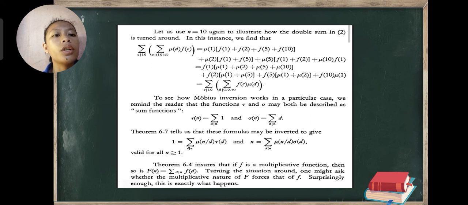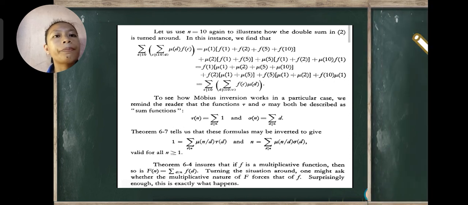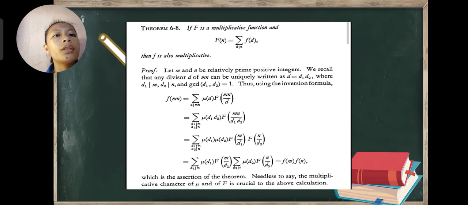Turning the situation around, one might ask whether the multiplicative nature of capital F forces that of little f. Surprisingly enough, this is exactly what happens. Theorem 6.8. If F is a multiplicative function and F(n) is the sum over d dividing n of f(d), then little f is also multiplicative.